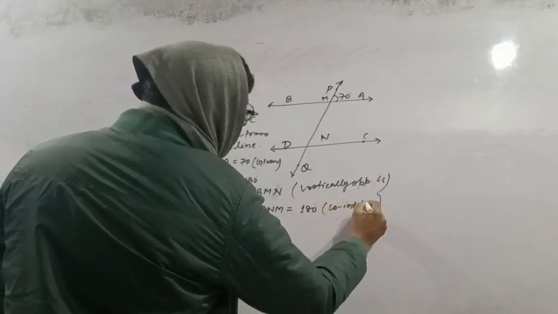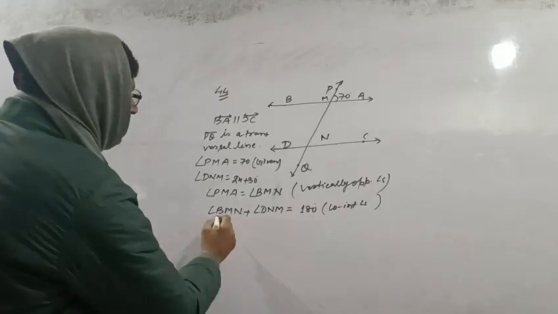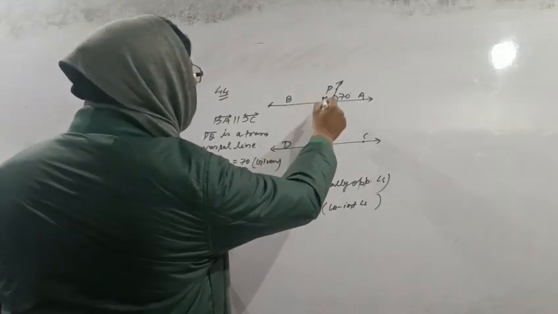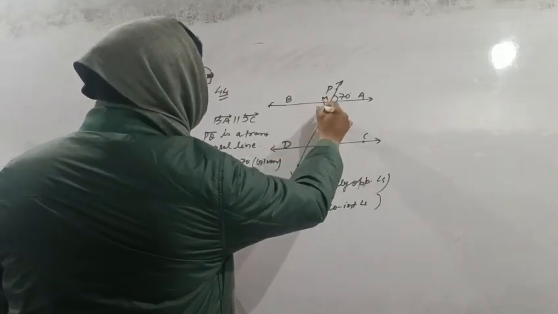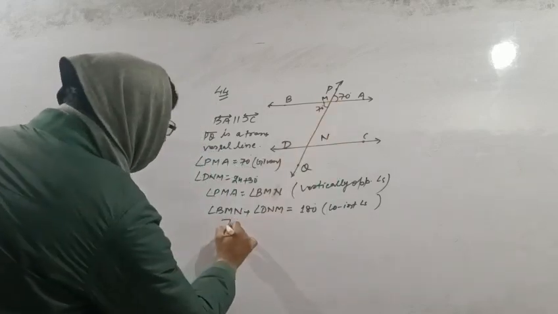Co-interior angles. So BMN is also equal to 70 degrees.